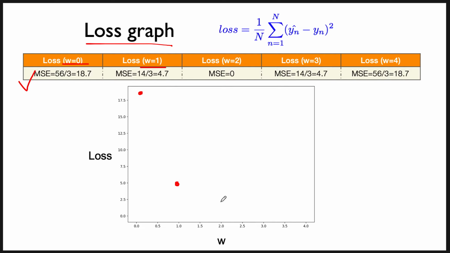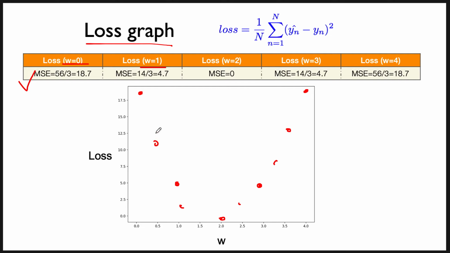When W is 2, it's 0. When W is 3, it's 4.7, around here. When W is 4, it's going to be something like this. Also, we can compute in the middle, or like this.